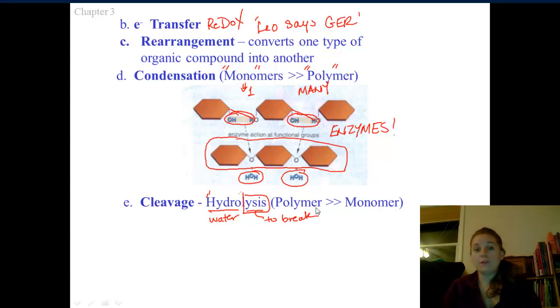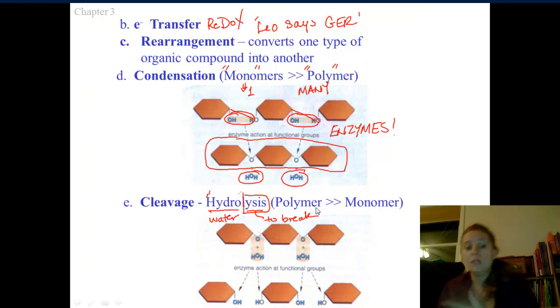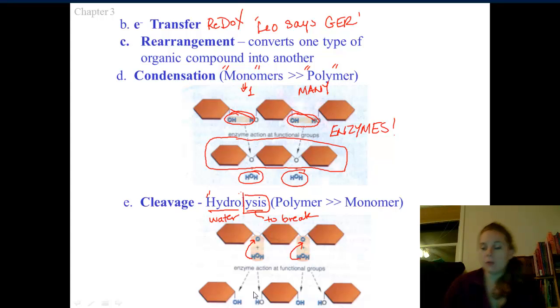Think of Lysol. And you're going to come across an organelle pretty soon called a lysosome. This is where we take the big one and we break it down into smaller ones. And just like the reverse of a condensation, in order to do that, we need to add water. So water gets added in via enzymes in order to break apart the large molecule.